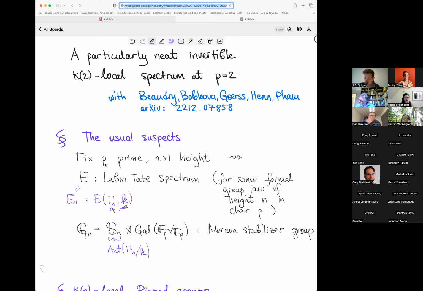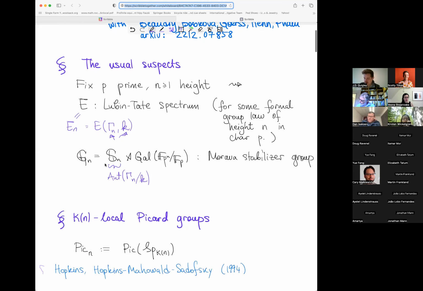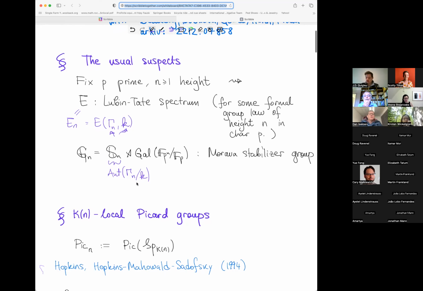All right, so those are the usual suspects, and now I want to talk about Kn-local Picard groups. Hopkins, back in the 90s, introduced people who were there to this notion. So this is my notation for the Kn-local category of spectra.